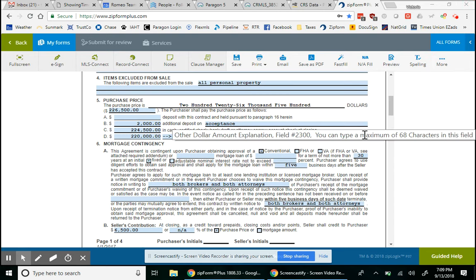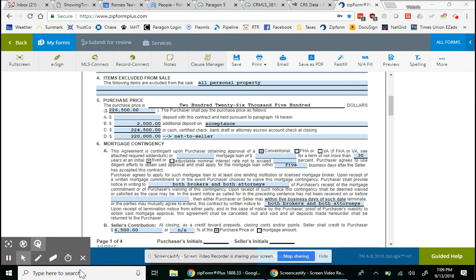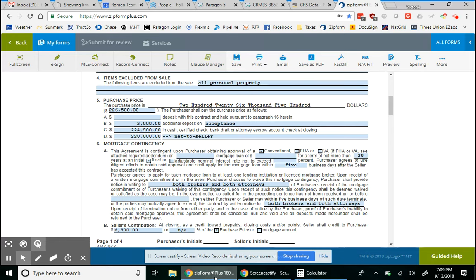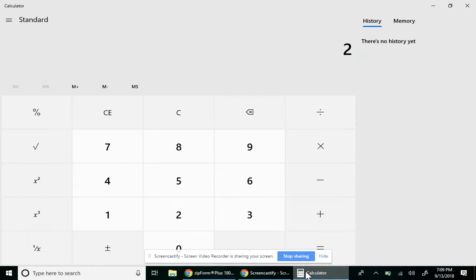Does everybody understand how we get the mortgage amount? To get the mortgage amount, we're calculating the total purchase price, which is the 226.5. We're using this scenario based off of the idea of a 5% down conventional loan, which means they're bringing 5% of that to closing.